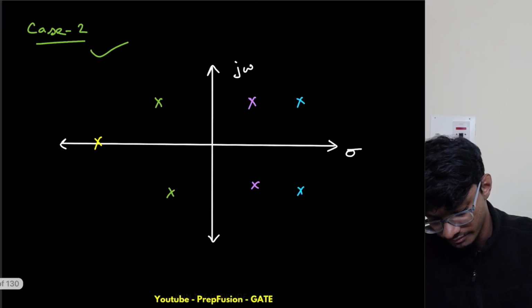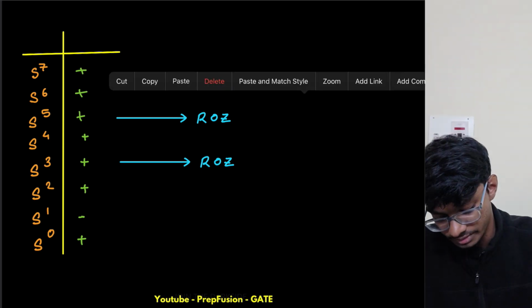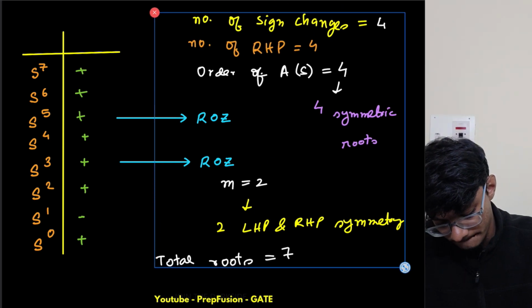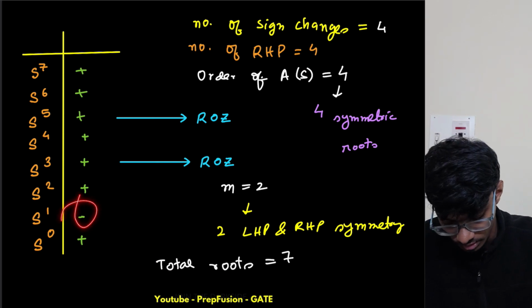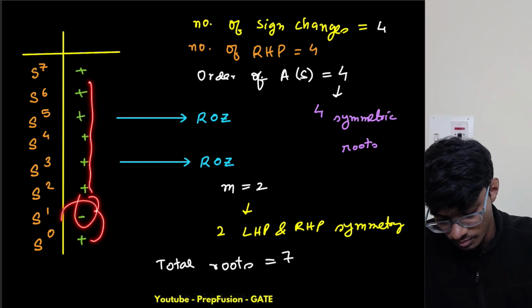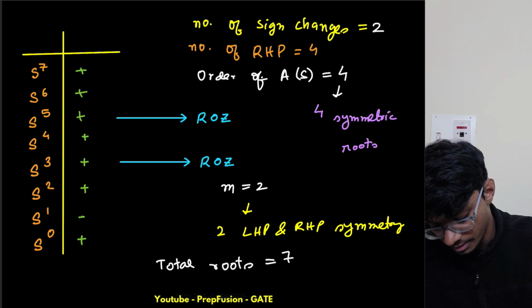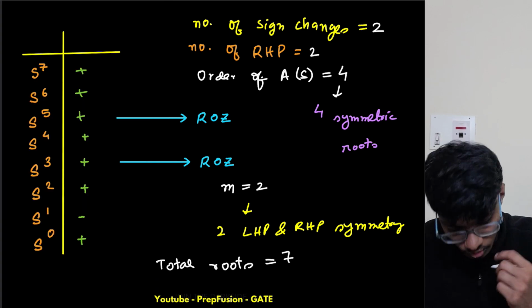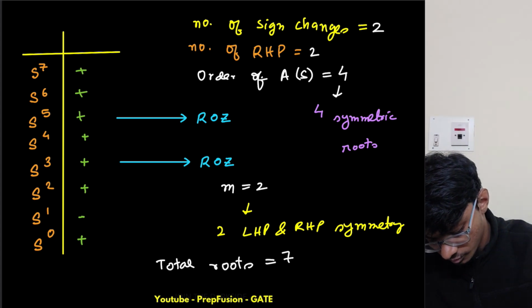The total number of roots I have is 7, because it's order 7. How many sign changes do we have this time? It is only 2, because here no sign change, and here 1 and 2. So the total number of right half plane poles is 2 only. What is the order of my auxiliary equation? Sorry, it is 6 this time.